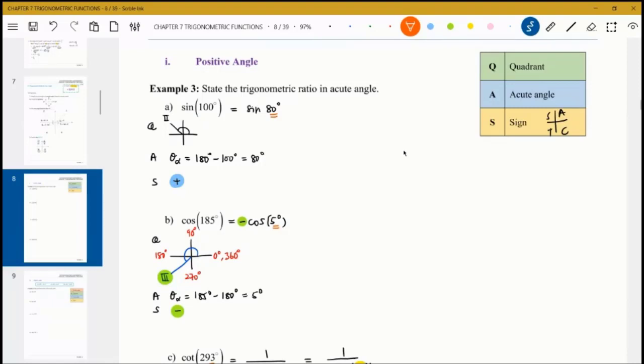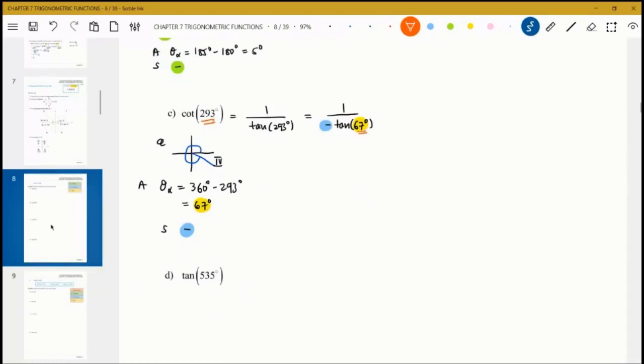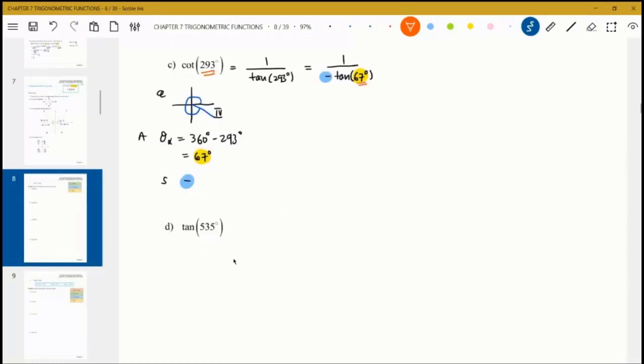Okay, last one. Where we have it 535. Okay, so 535 kuadran berapa? So di sini adalah 0, 90, 180, 270, 360. Dia lebih daripada 360? Lebih. So dia lebih daripada satu rotation.